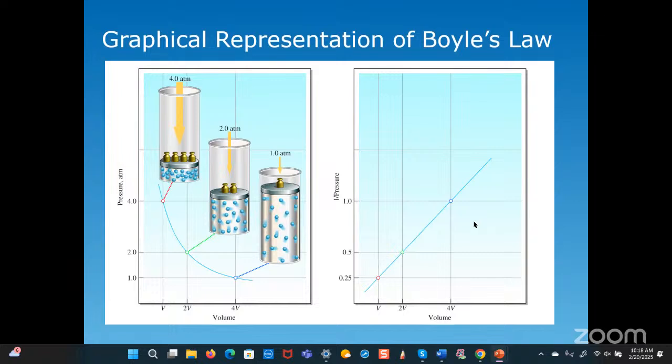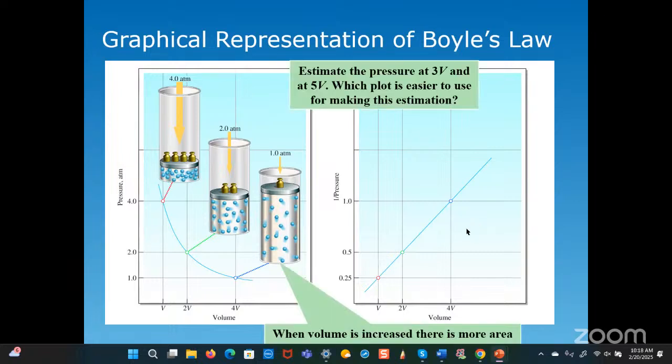Now this on the right side is showing you the relationship between 1/P versus volume. And you'll notice it's a straight line, and that should come as no surprise based on the equation, because the equation is PV is equal to a constant, all right?